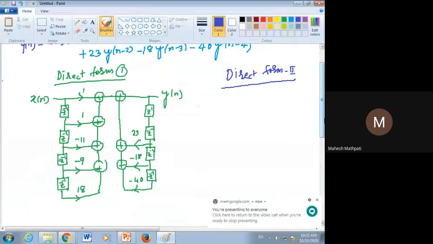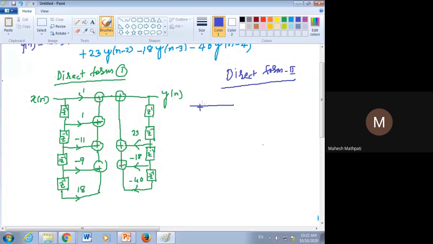Yes, have you got the answer? Yes, sir. So finally, what we can draw is this. First, the left side part, I will draw it as it is. This is the first delay, like Z inverse.